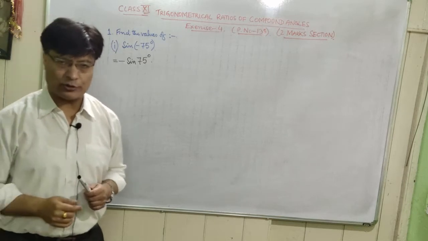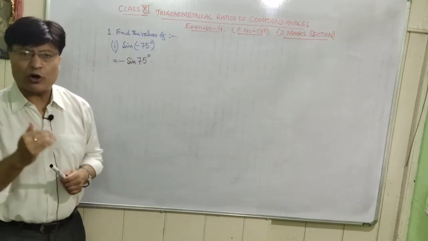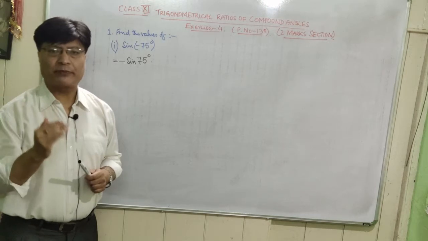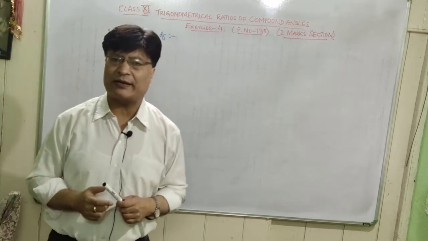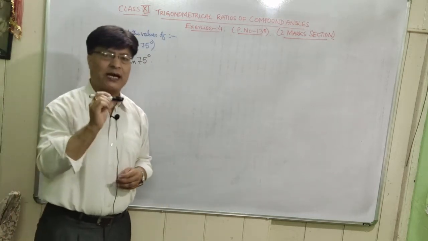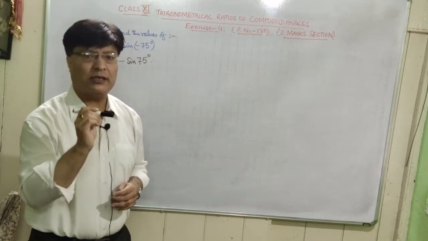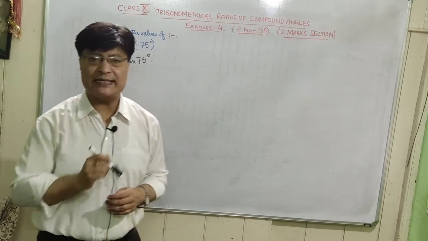Now how can you find the value of sine 75 degree? The minus sign is taken outside. You have to convert it into compound angle form, that is a plus b. 75 degree is not a standard angle. The standard angles are 0 degree, 30 degree, 45 degree, 60 degree and 90 degree.